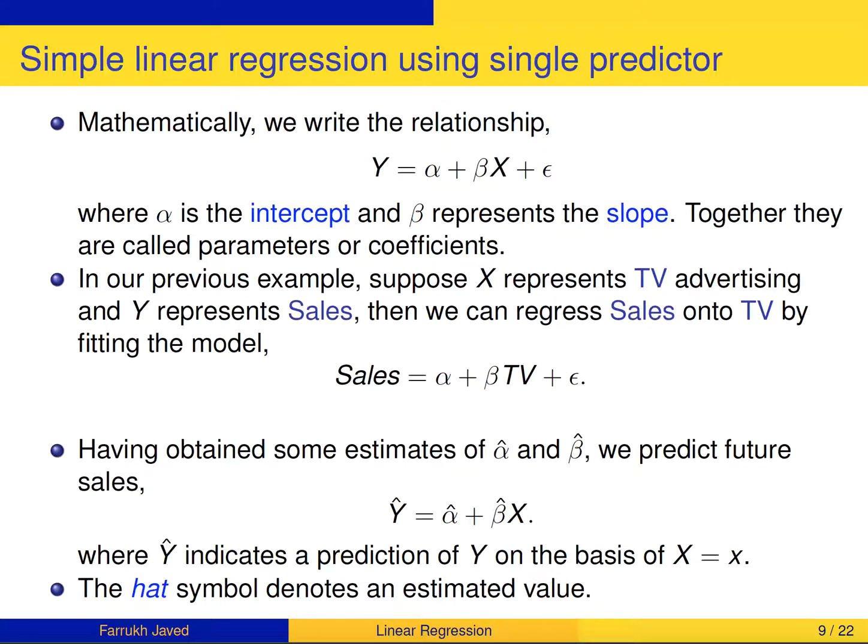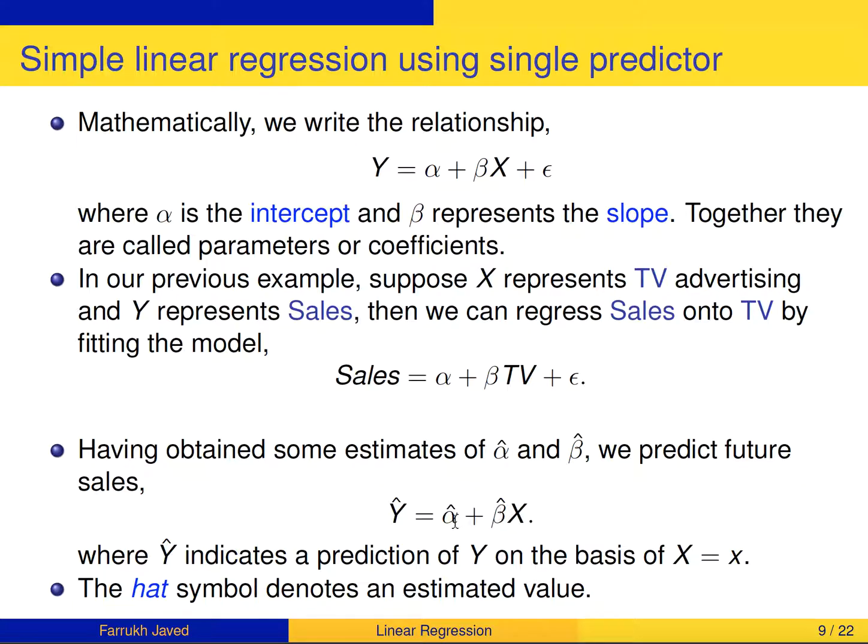So we run regression on those two data sets, and then we evaluate the values. The regression fitting will give us values for alpha and beta. Right now we don't know those values, and they will tell us how strong the relationship is. Once we know those values, we can put a hat on them: alpha hat and beta hat. This is a way to write the fitted equation, right?